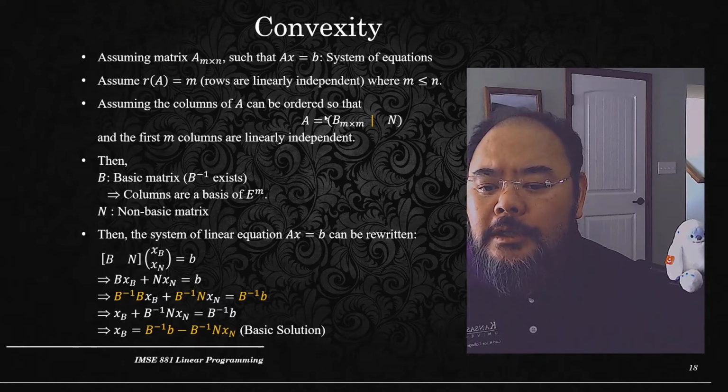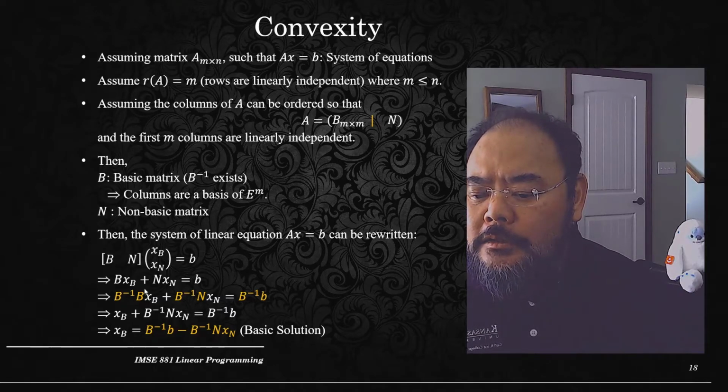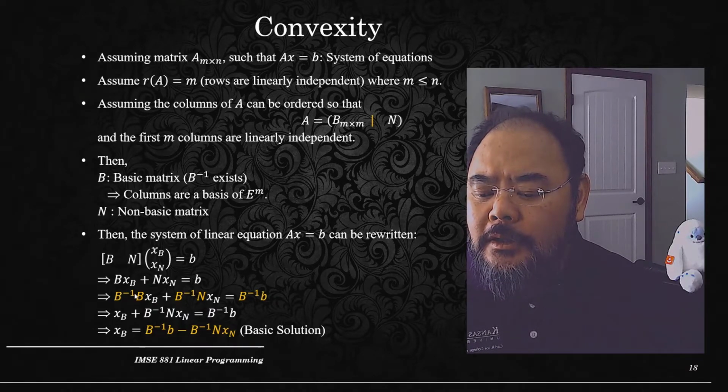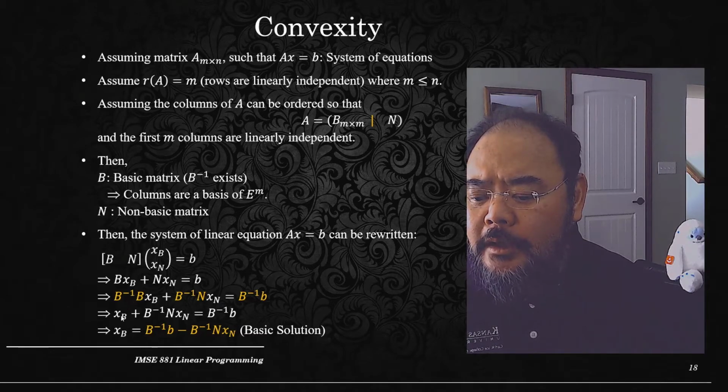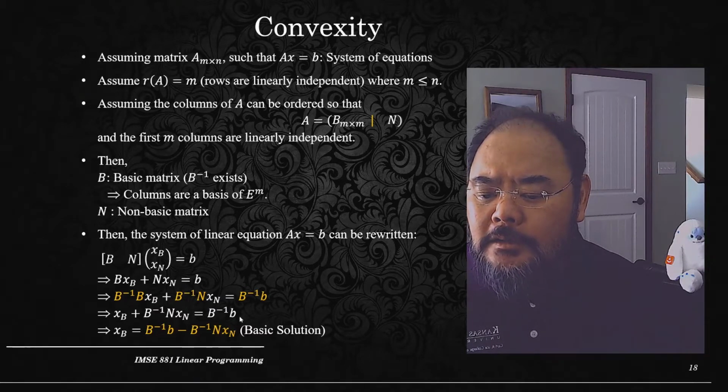Since we know B is a square and invertible matrix, meaning its inverse exists, we multiply both sides by B inverse. So B inverse times B equals the identity, and then we can drop it from our formulation. So I have XB, and moving this part to the right-hand side: XB plus B inverse times N times XN equals B inverse times b.